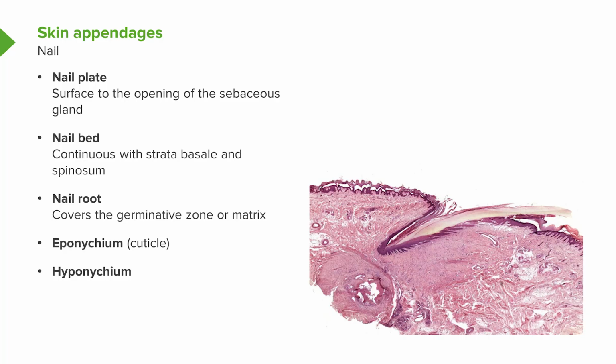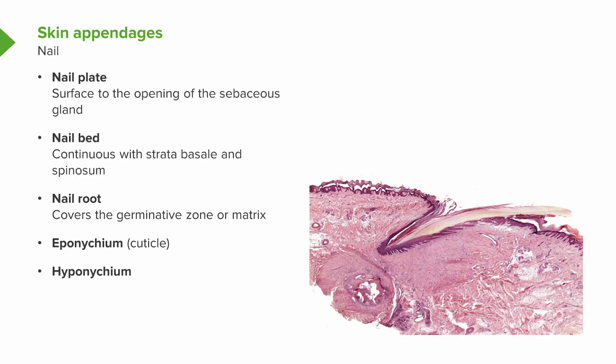And then along the nail bed, all you have really is remaining components of the epidermis, the stratum basale and the stratum spinosum, because you're not producing typical keratin that you do on the surface of skin, you're producing the nail. And underneath the nail is the nail root.